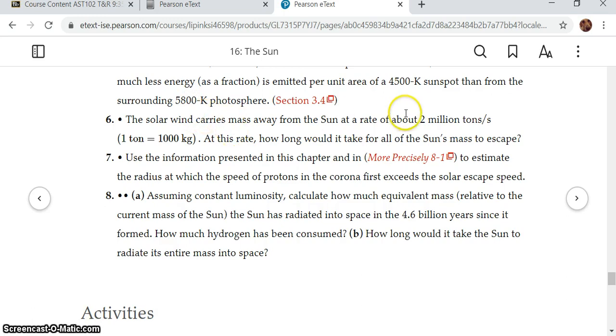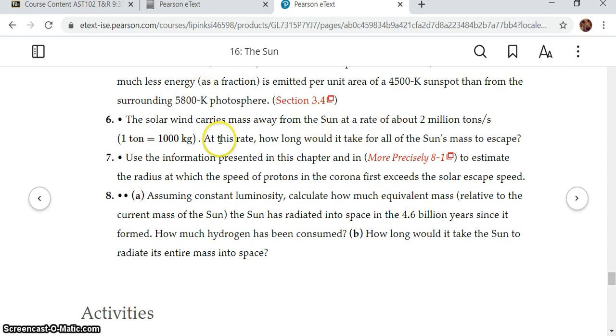It's just because of the temperature. You just divide 4,500 to the fourth power divided by 5,800 to the fourth power, and that's how you get 0.36, which of course is 36%.